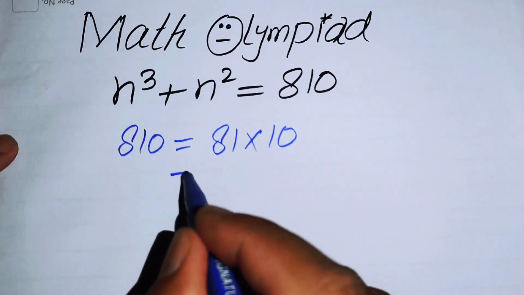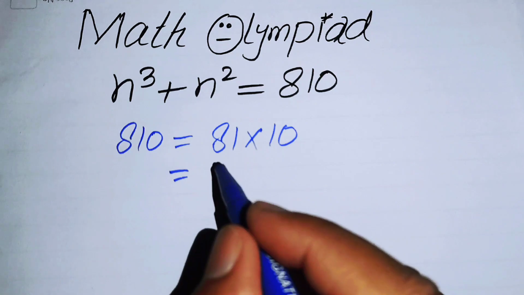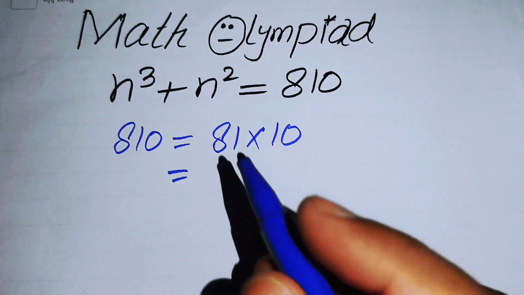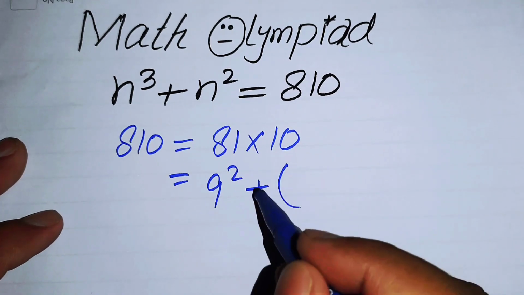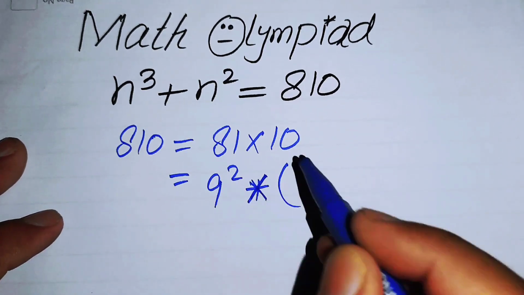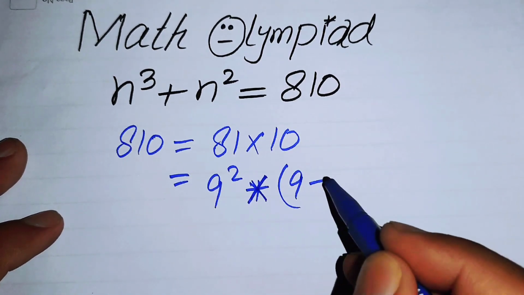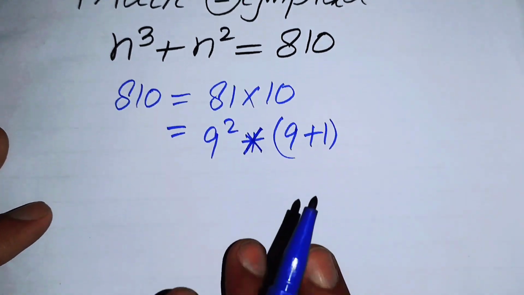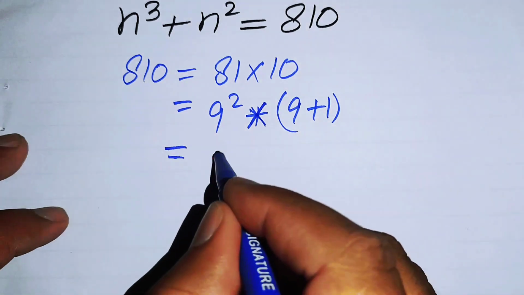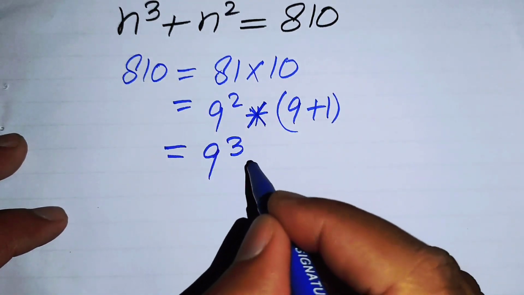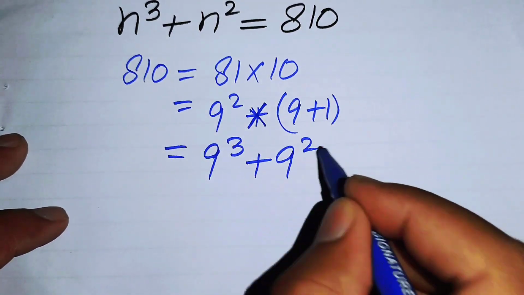After this step, we have 81, so we can write it as 9 squared, multiplied by 10, and we write 10 as 9 plus 1. After that we will multiply this 9 squared on both of the terms, and you get 9 cubed plus 9 squared.